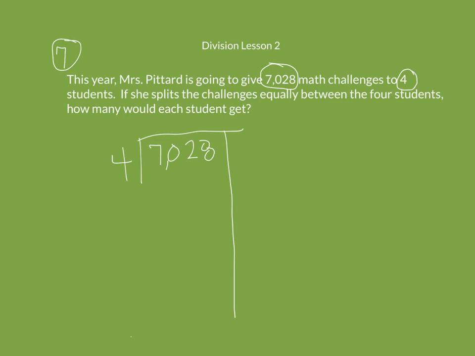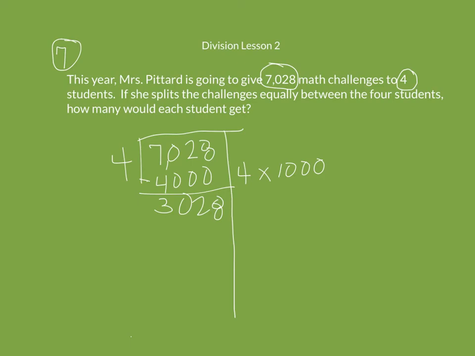So I could have 4 groups of 1,000. And of course that's 4,000. And then we have 8, 2 tens, no hundreds, 3 thousands, 3,028 challenges to still give out.